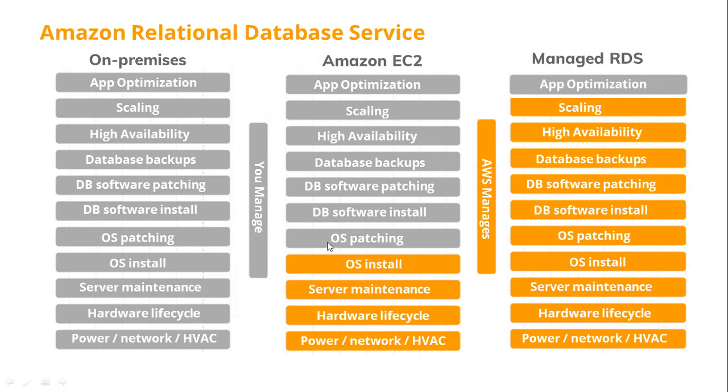From OS patching, database install, software patching, backups, high availability, scaling, and app optimization, you would be managing it. But in RDS, you will be managing only the database, while the underlying servers and the backups will all be managed by RDS.